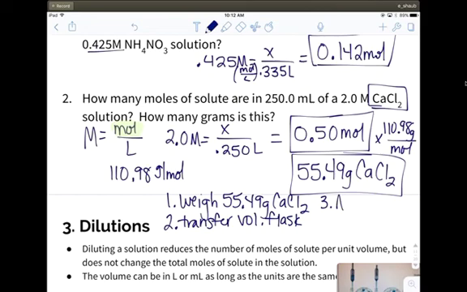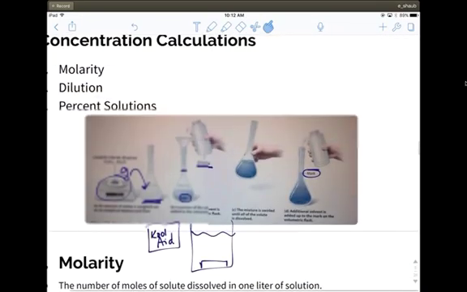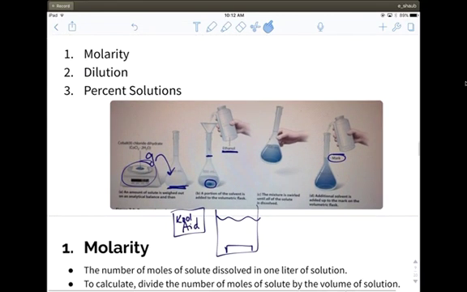You would then add a little bit of water to start dissolving the calcium chloride. Once you've mixed some of that up, you would add enough water to the line, to the meniscus. And you would use a 250 volumetric flask since that is the total volume of solution. So they make all different volumes of these volumetric flasks. So again, here's that picture of what it looks like.